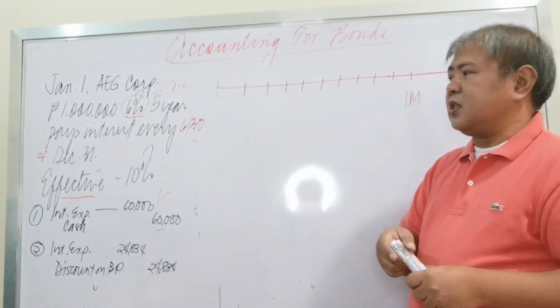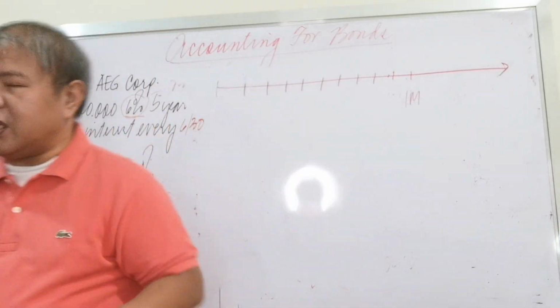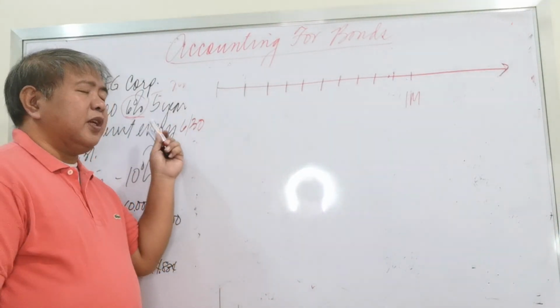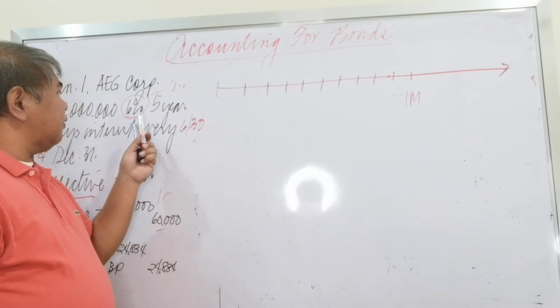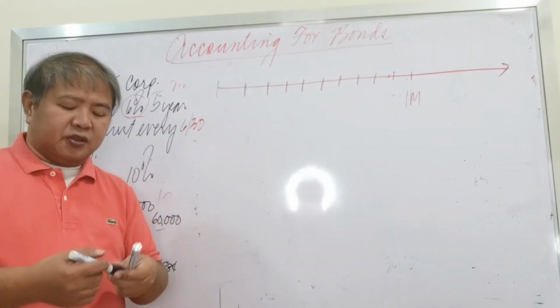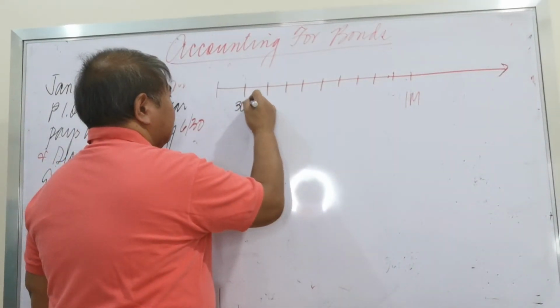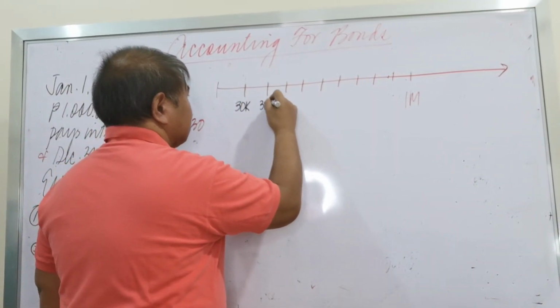The nominal interest. So what we said earlier was that you have to divide this by 2. So it will be 3%. So 3% of 1 million, that's going to be 30,000. So every 6 months, the bond issuer will have to pay 30,000.